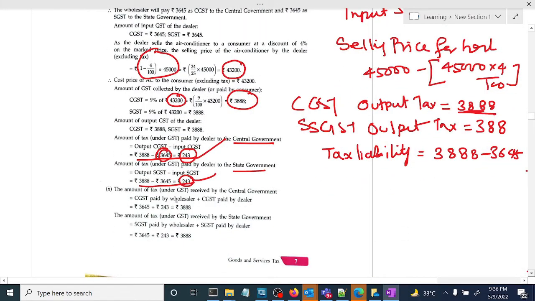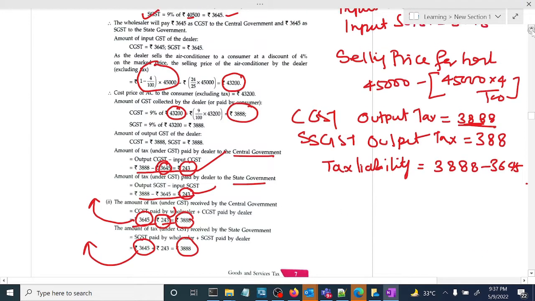Tax is 3888, right? The final government is receiving how much tax? 3888, right? This is what the final consumer is paying on this amount. See, the dealer paid this to the manufacturer, but the manufacturer will ultimately pay this to the government, right? The dealer pays this to the manufacturer, and he will give it to SGST. This extra tax which the dealer got, the dealer will pay. So what the manufacturer is paying and what the dealer is paying is the tax liability which the government is getting, right?